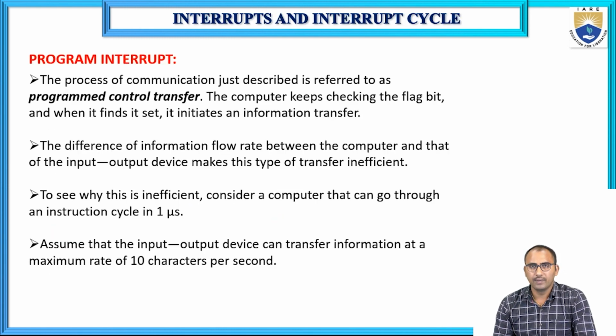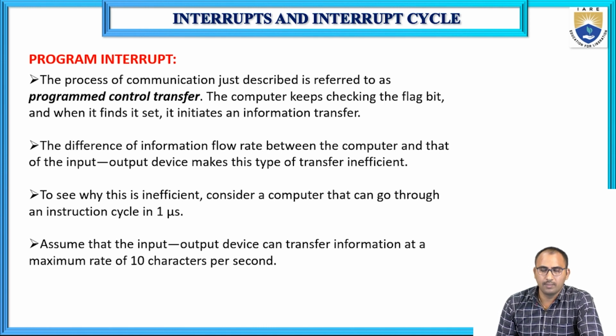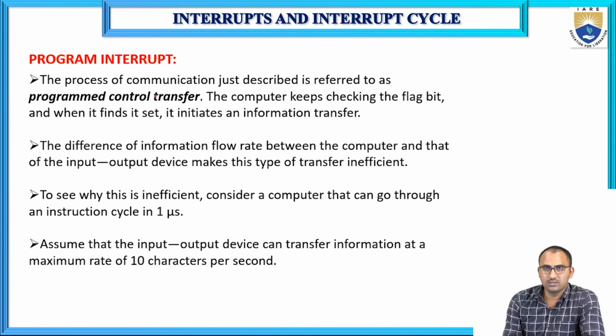And coming to the program interrupt. An interrupt is a signal from the external devices. Interrupt means something which breaks the continuity of the program. The process of communication just described is referred to as programmed control transfer.